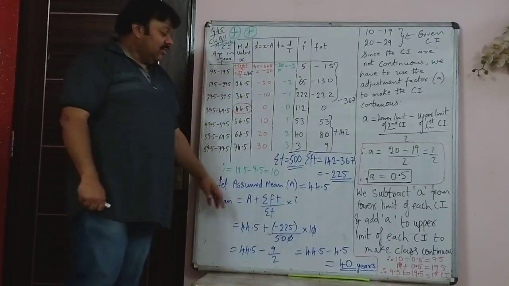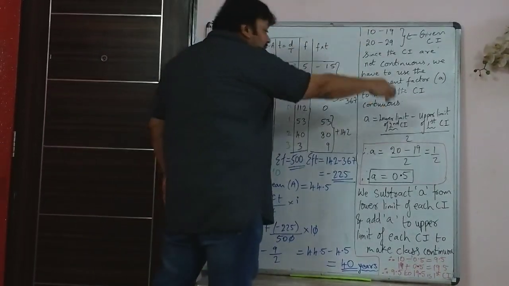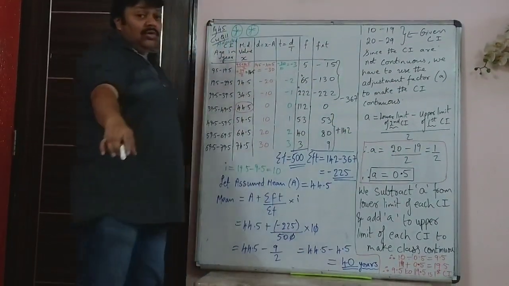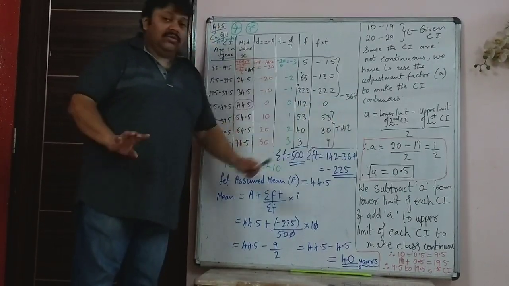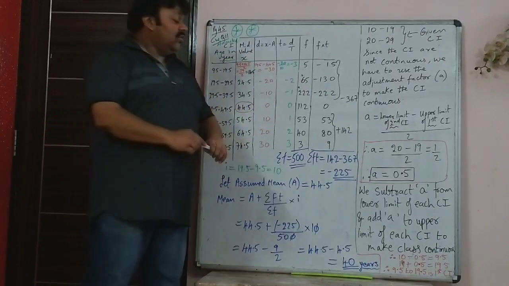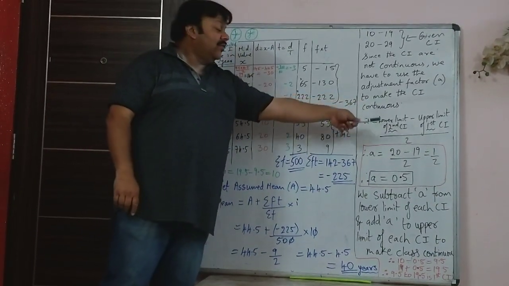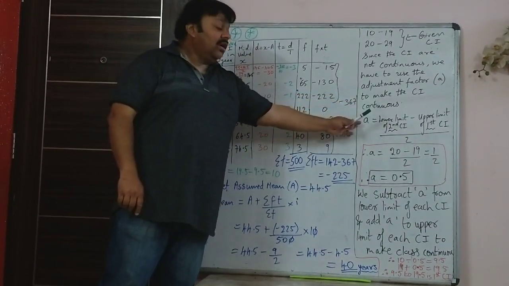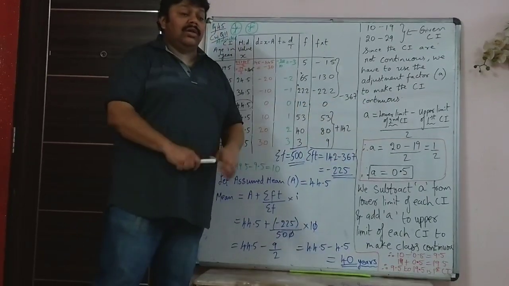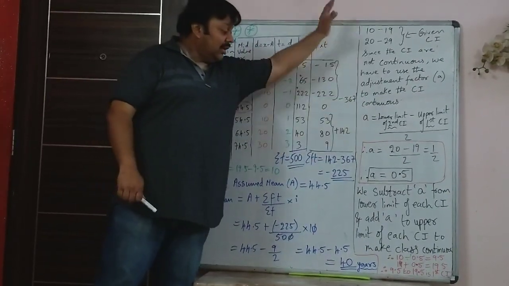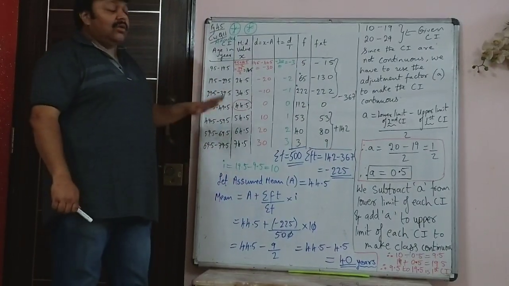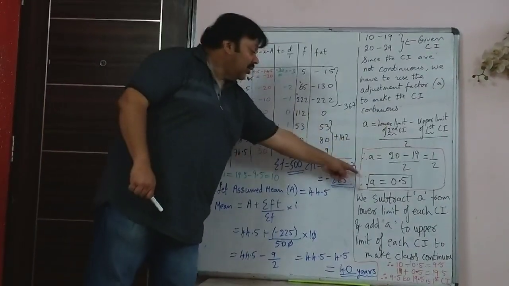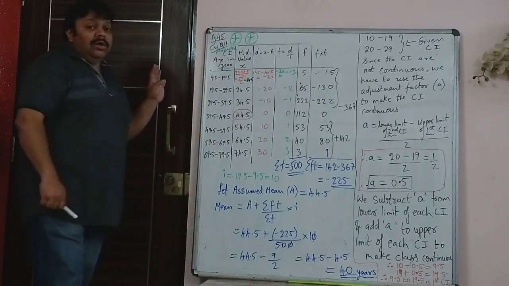So this is the sum. This explanation you write down when you write the sum now. But in the exam you just have to write that box. Otherwise you will forget after a few days how you got A, what formula was used. So you write down the entire thing and the explanation now so that later you don't forget. But in the exam you just write what is A and directly do the adjustment.